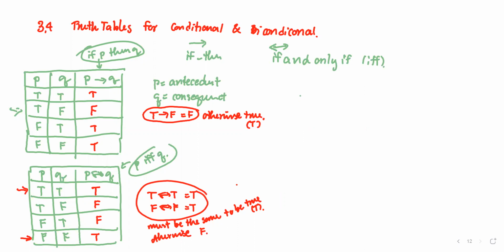Okay, so this is a quick summary for constructing the truth table for the conditional and biconditional. Let's pick up one example. See the next one, the one that has both if then and if and only if.